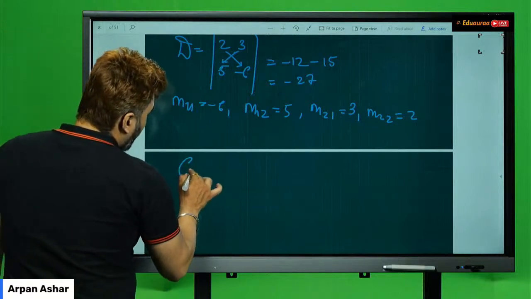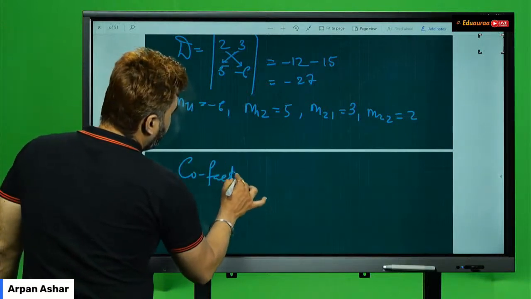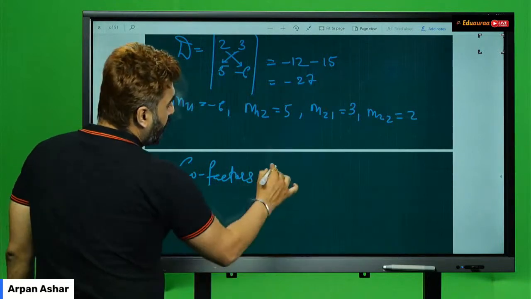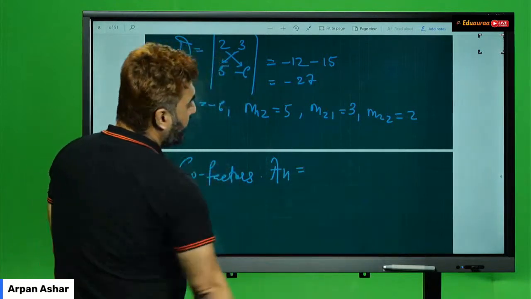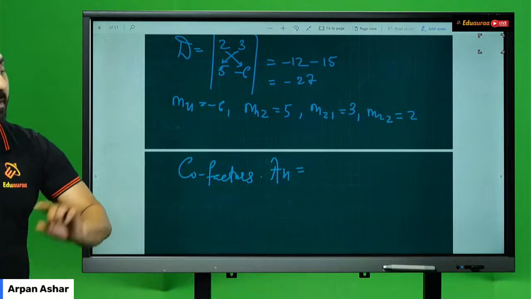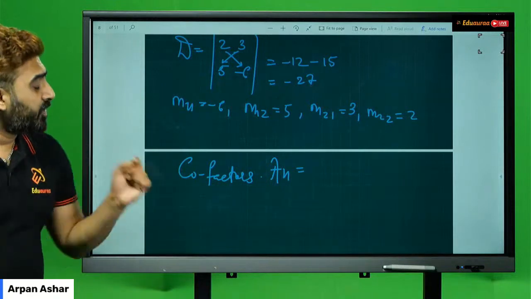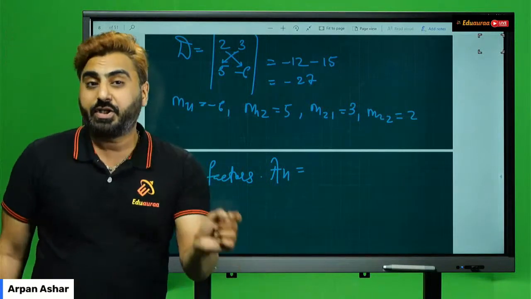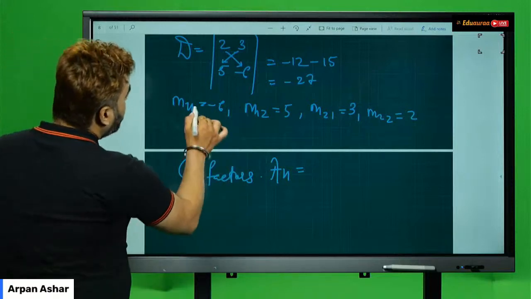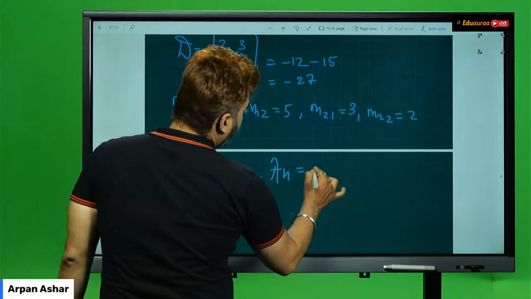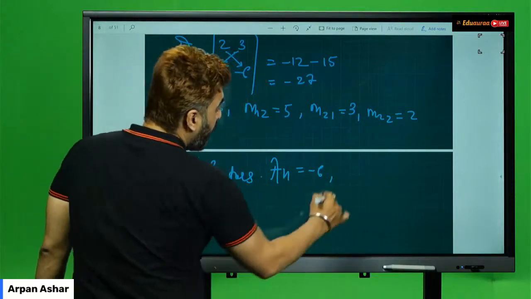So cofactors अगर find करने हैं, so A11, if i plus j even, minor cofactors same. If i plus j odd, changes by sign. So A11 will be same as M11, which is -6.